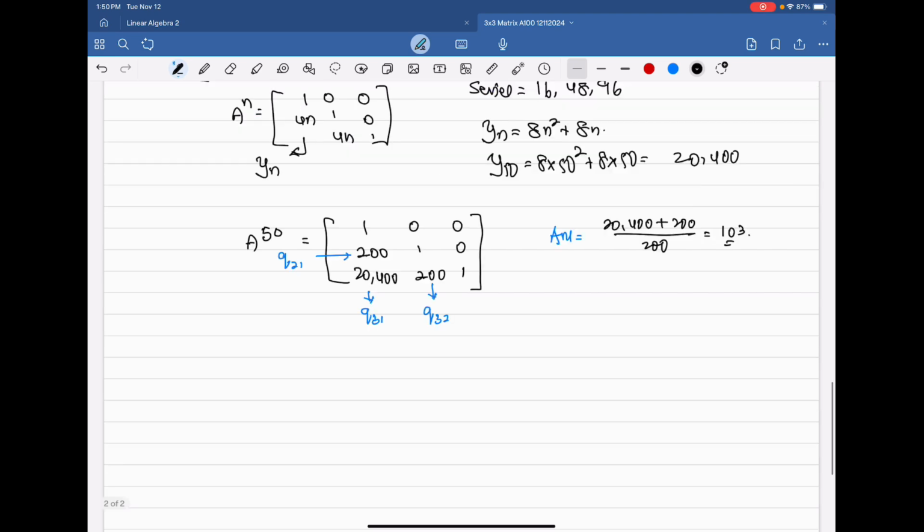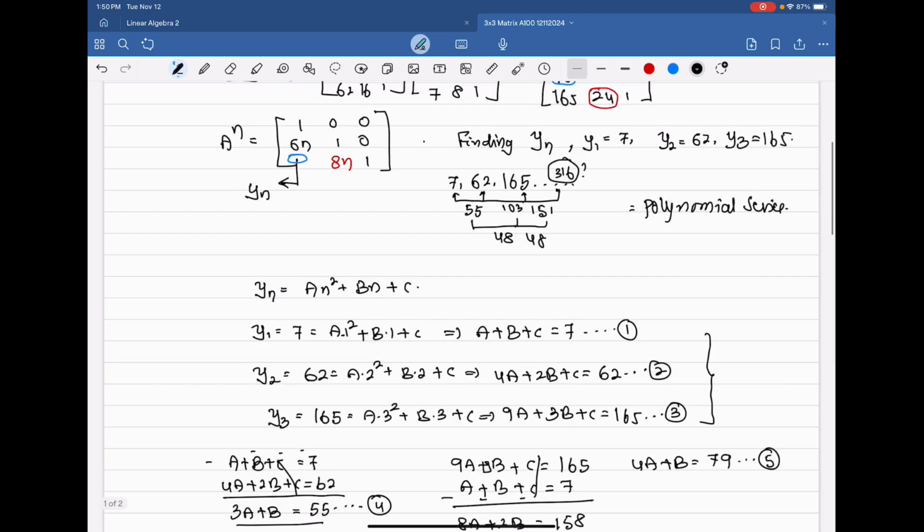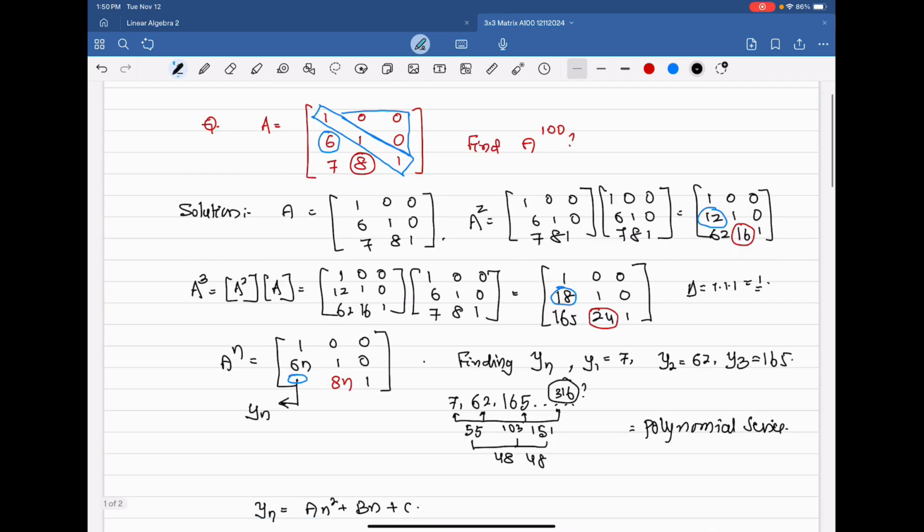If you go back and see our procedure, it's a very simple procedure. A is given, principal diagonals are unit, and upper triangle elements are all 0. Then I have to find out only the 3 elements. For that, I have done A square and A cube, because the principal diagonal will not change. The upper triangle elements are 0, hence they will not change.